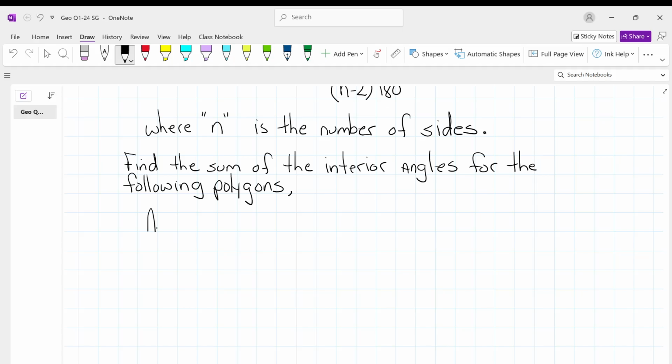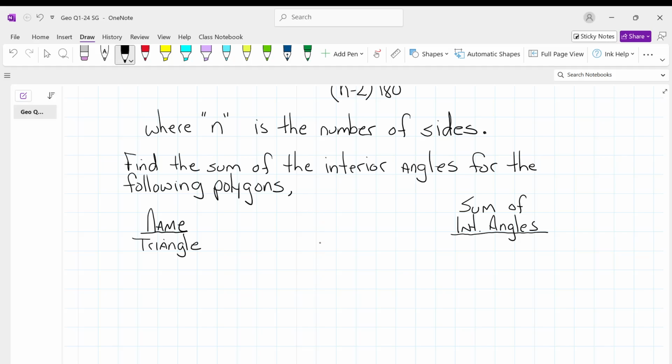So if the polygon, if we start a column here and we use its name, all right, we can call it a triangle. And then over here, we could call this sum of interior angles. We could build a little table, okay?